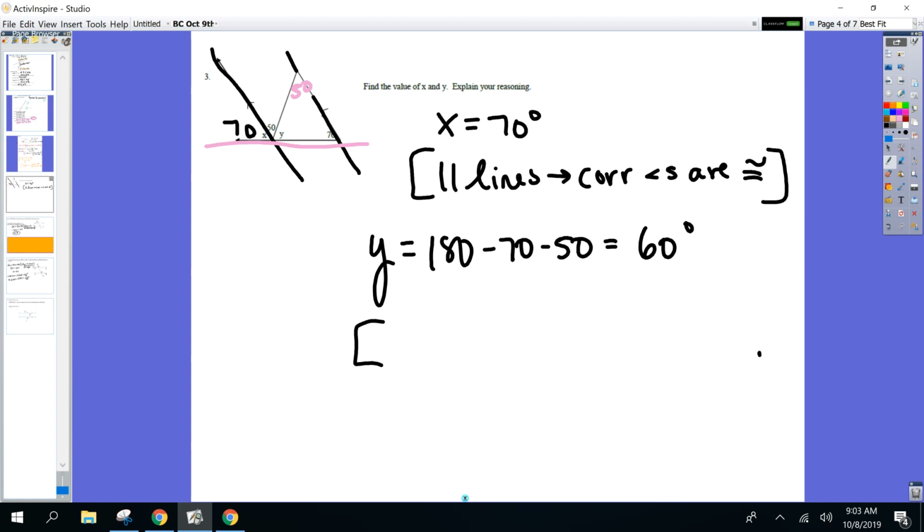How did I know it equal to 180? Don't give me linear pairs because 3 doesn't make a pair. Well, I didn't do the triangle part. I went right here. Straight angles equal 180. Don't use supplementary. Can't you do that? Because I have 3 angles, not 2. Straight angles equal 180 degrees.